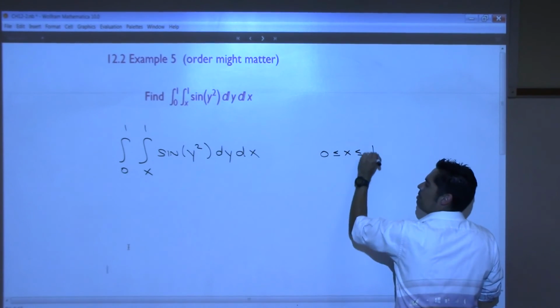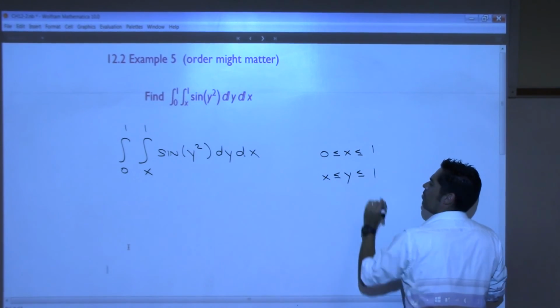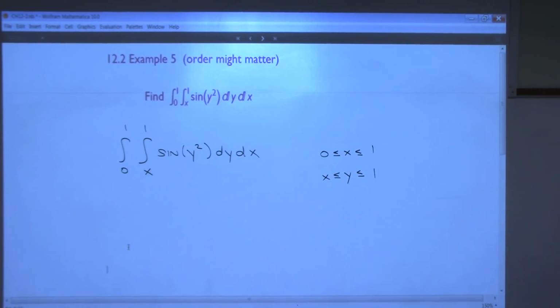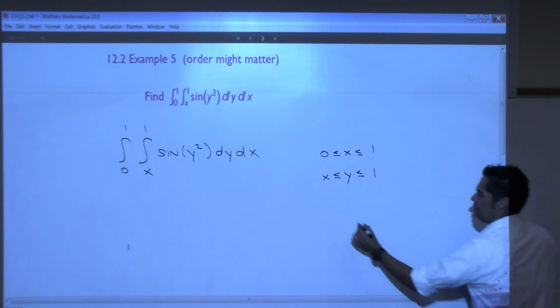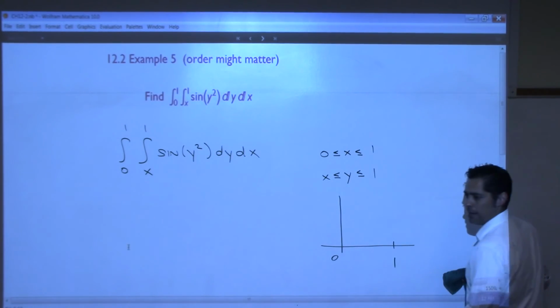This is what we know. Right? That's what the double integral tells us. Right? Those are restrictions on x and those are restrictions on y. I'm going to go backwards now and draw the region from that information. Okay? I know that my x's have to be between 0 and 1, don't they?